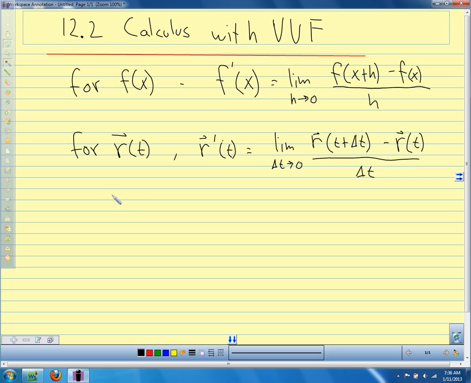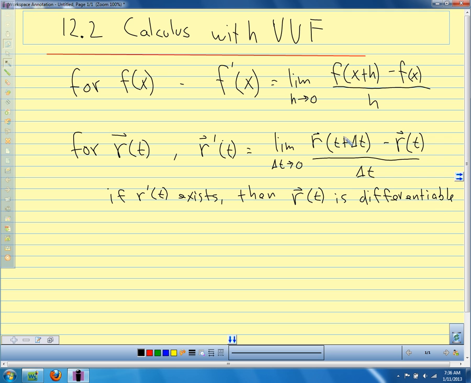And if r prime exists, we'll call r differentiable. So this is our definition of the derivative.